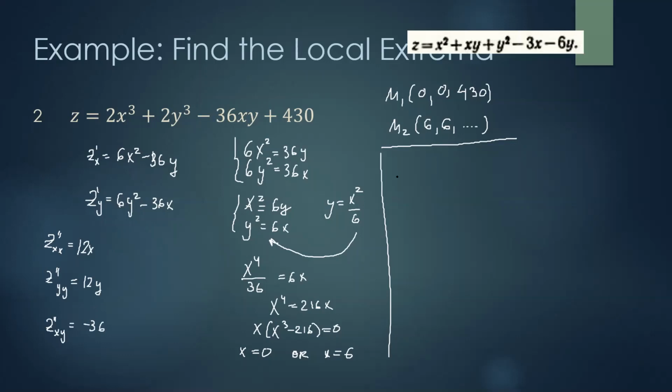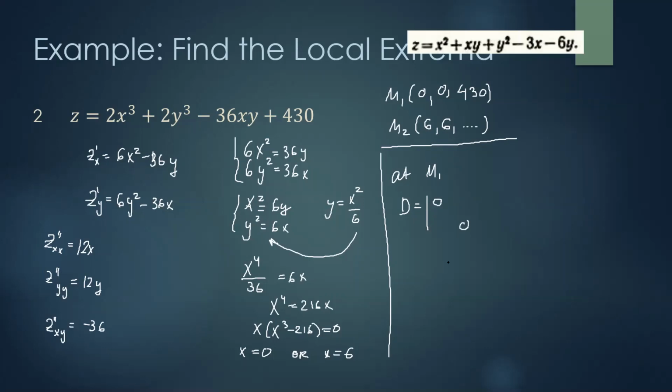And now I can say that at point M1, if x and y are both zeros, then my determinant will be, now putting zeros, x is 0, y is 0. So these two are actually zeros, because x and y are both zeros.